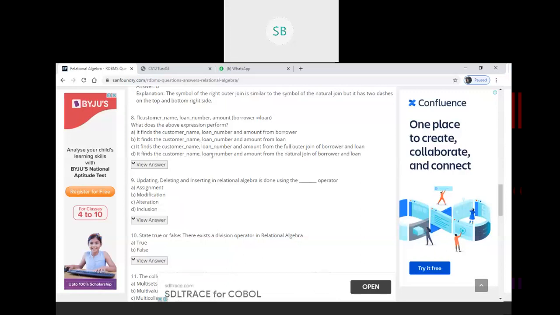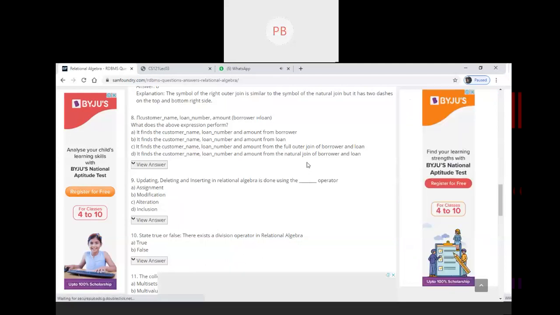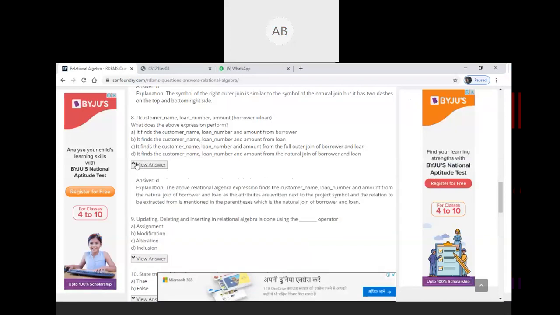It finds the customer name, loan number, and amount from the natural join of borrower and loan. Yes, option D, I think. Yes, it is natural join. If you go for this symbol, we know it is the natural join. Okay.